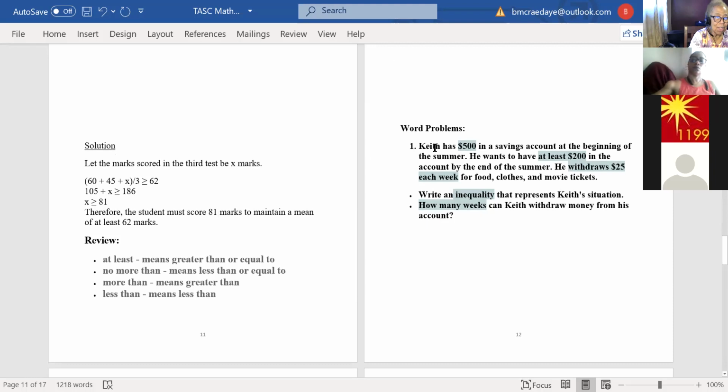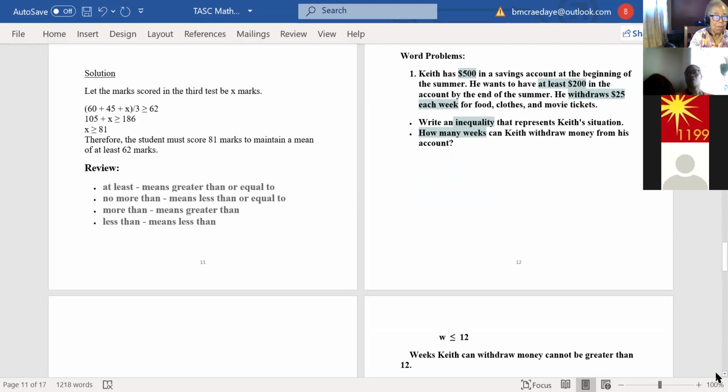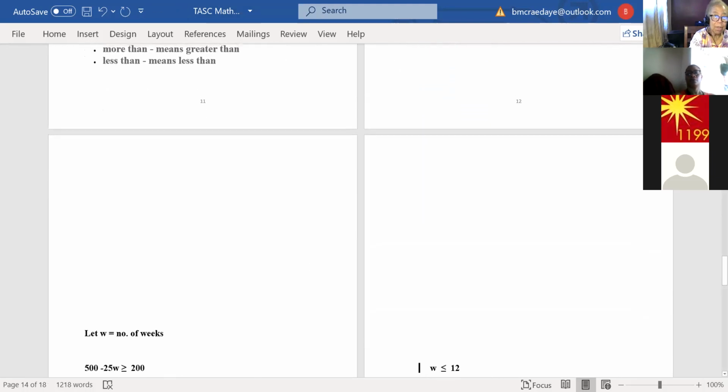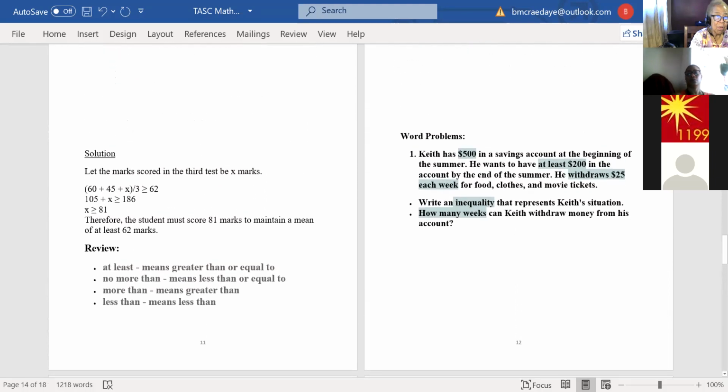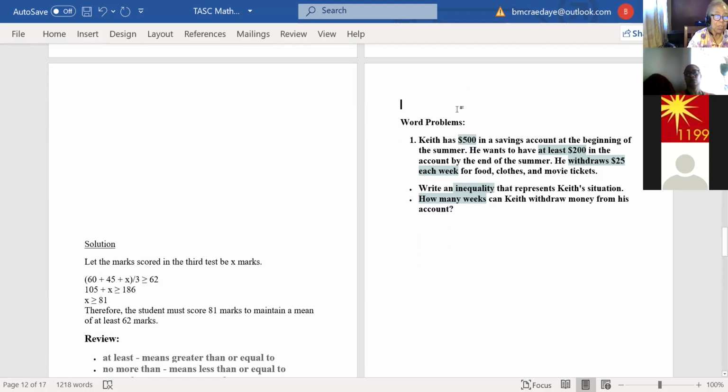Can everybody see this on the word problems? No, you can't see it all? Okay, let me bring it down some. Okay, I'll bring it up. You can see the word problems but not all of it.